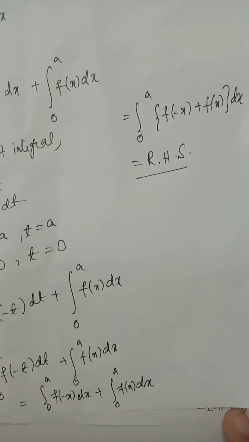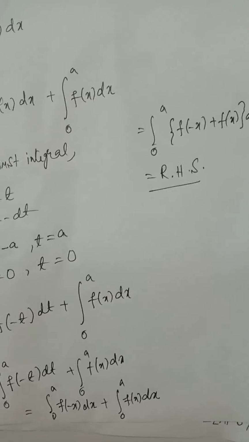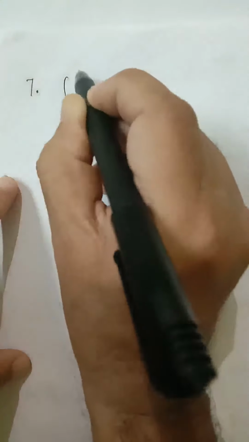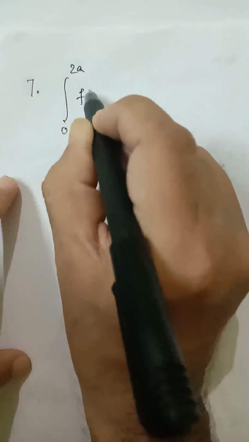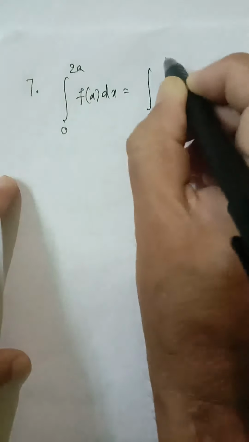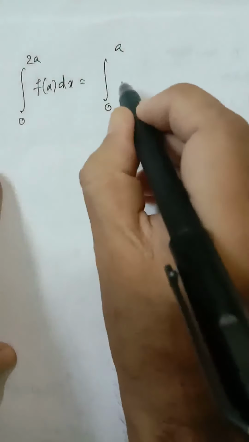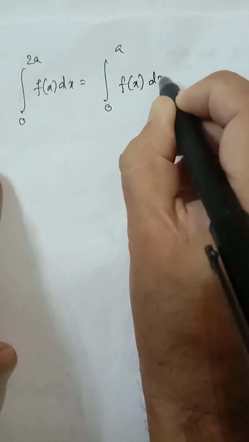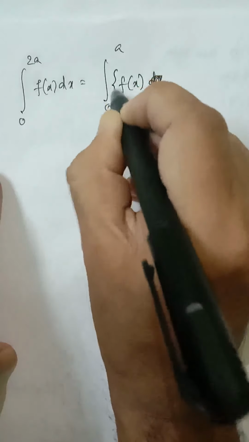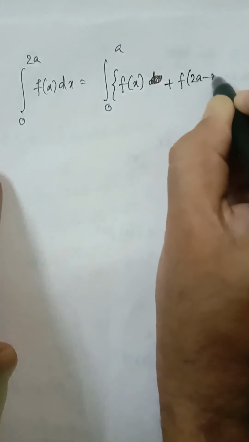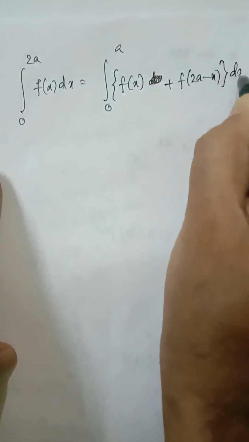Next, I will write property number 7. The next property is the integral from 0 to 2a of f(x) dx, which is equal to the integral from 0 to a of f(x) dx, or let me write it this way: the integral from 0 to a of [f(x) + f(2a - x)] dx.